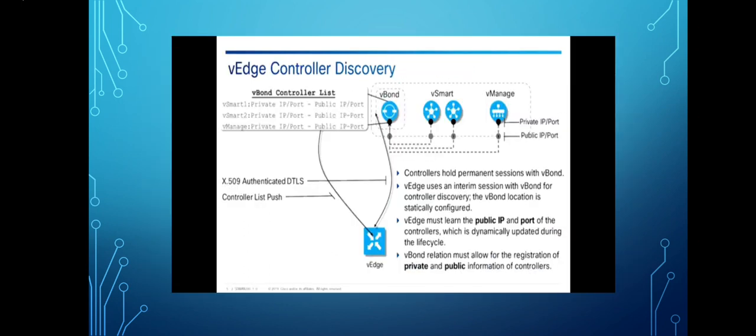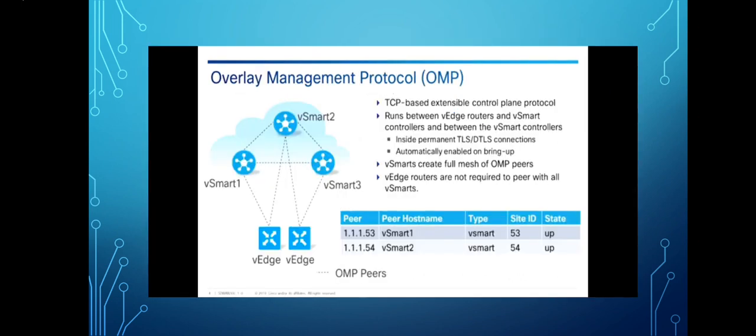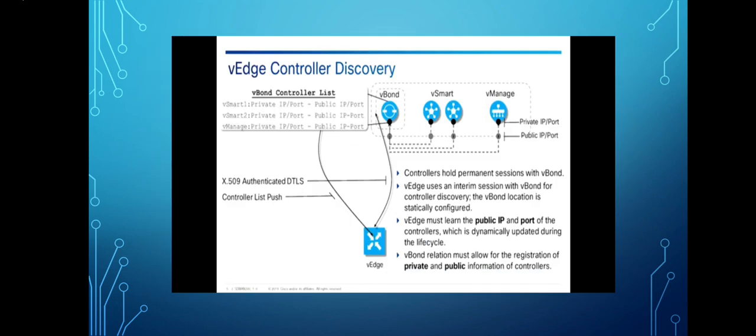vEdge controller discovery. So how does that exactly work? vBond is something which will be taking care of authentication. That's how the vEdges will be identified and get connected to vSmart through vBond. Controllers hold permanent sessions with vBond. vEdge uses an interim session with vBond for controller discovery.